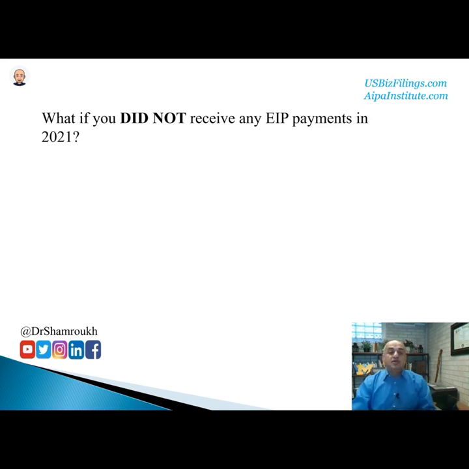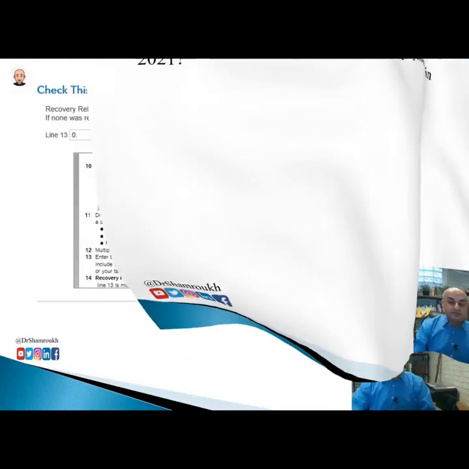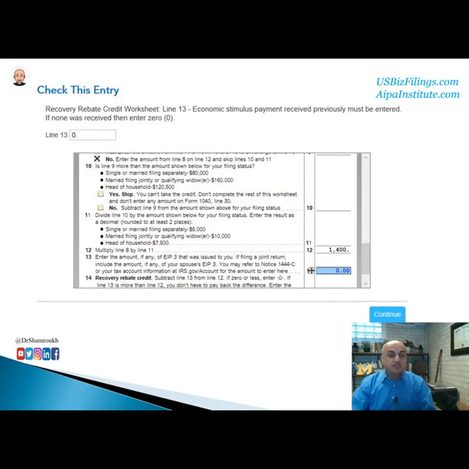Let me show you the entry again and why it is essential to put 0 in that box. As you can see here, you just put 0 either in here or in this box. It's the same. Once you put 0, the system automatically calculates the amount of Economic Impact Payment 3 that you were entitled to.